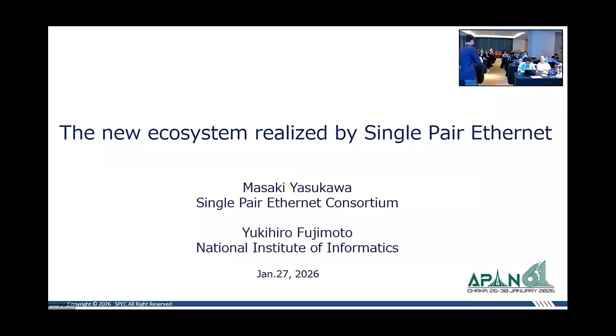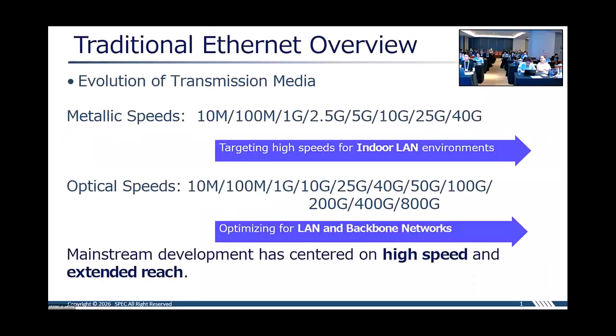While the world focuses on terabit transmission, we are looking at how to make the last mile of IoT and field science more efficient, sustainable, and reachable. Before starting SPE, I'd like to talk about the traditional Ethernet overview.